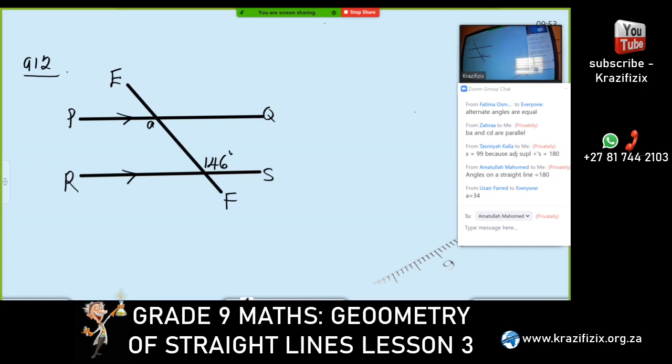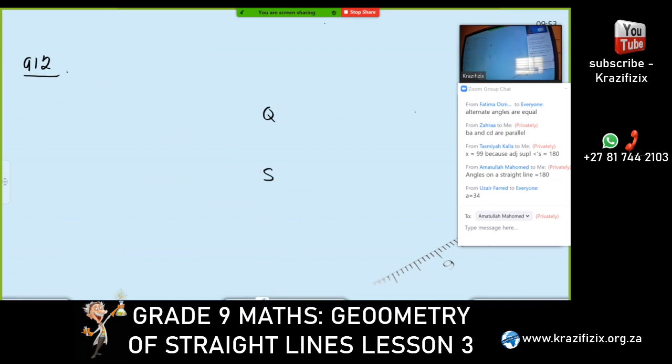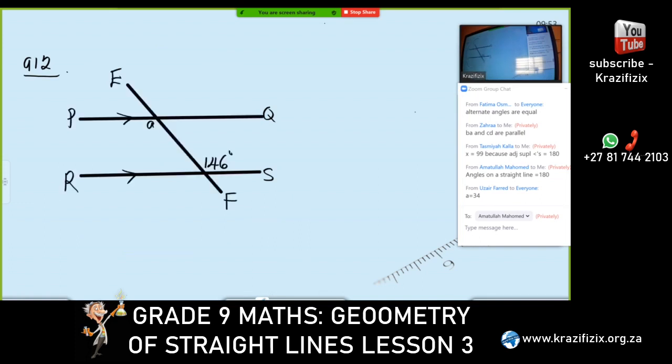Let me correct this diagram. Okay, just hold on. Sorry, I made a mistake with something here. Let me quickly correct it so that we can be on the same page. Alright, just a second. I will be with you now.